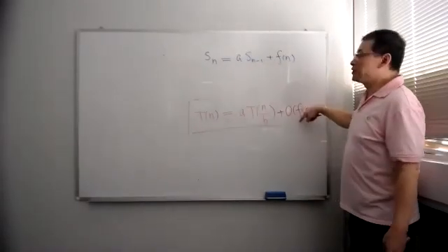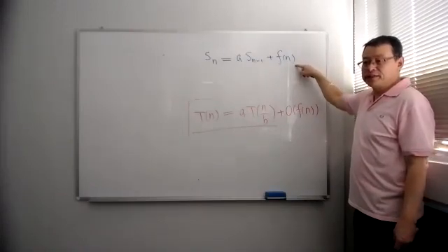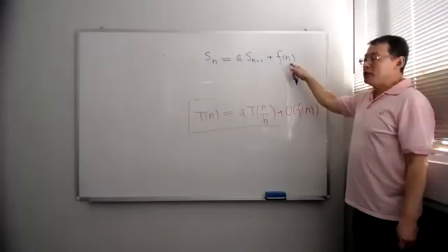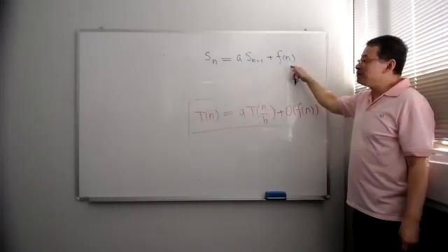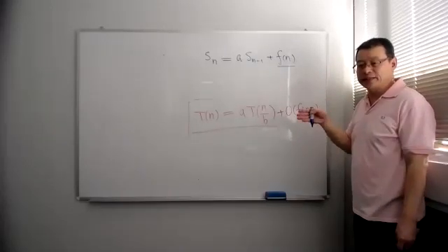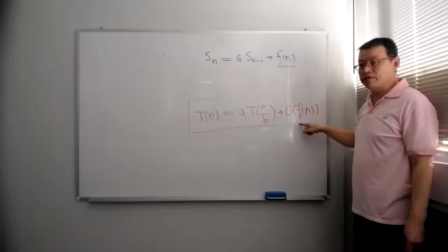So compare this one with this one. This has the form of a non-homogeneous first order recurrence relation. In general, we don't know how to solve it. It's difficult. But when this part is a polynomial function or a polynomial function times an exponential function, we do have a general method to solve it. That will be helpful here.